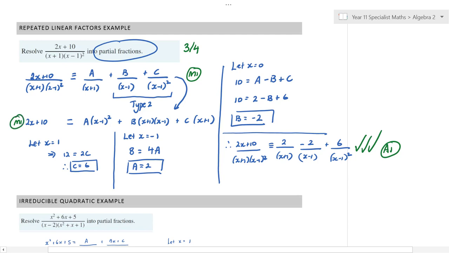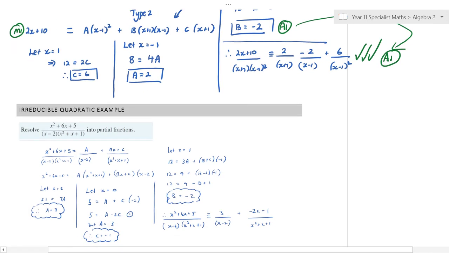And then finding A, B, and C all correctly would be another mark as well. But of course, you wouldn't get your final answer mark until you did that. So let's just say if it was worth 4 marks, yeah. Okay. All right. Now, here's one I prepared earlier.